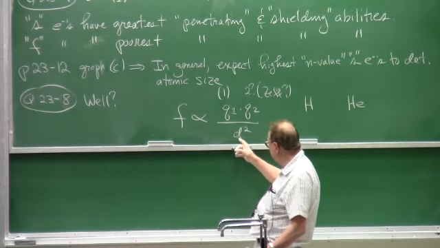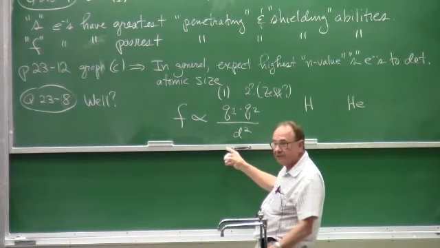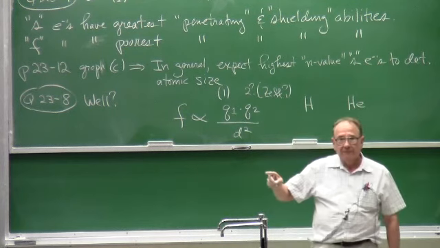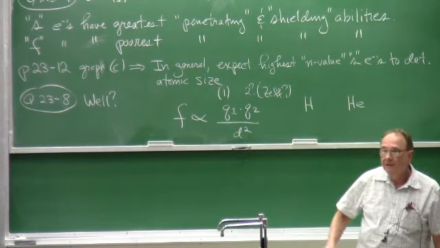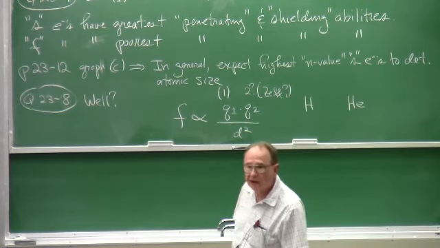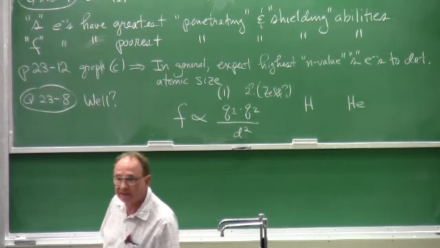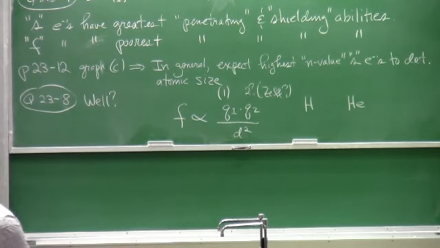So this is suggesting that helium might be more than twice as difficult to ionize as hydrogen if Z effective for helium is 2 and Z effective for hydrogen is the same as Z, 1. For hydrogen it can't be anything but. And helium is smaller than hydrogen.